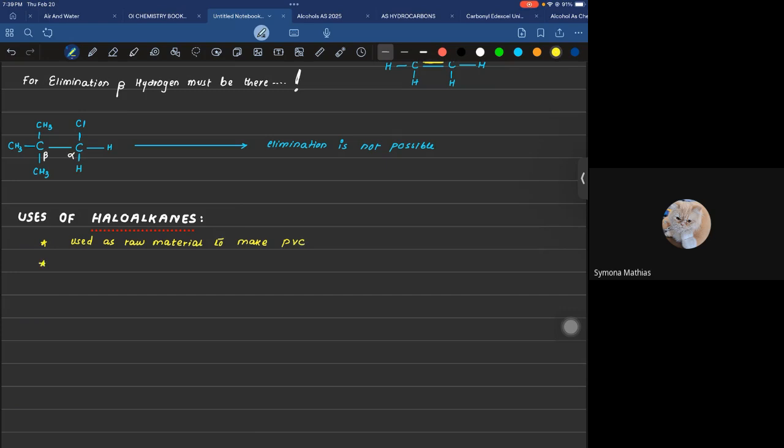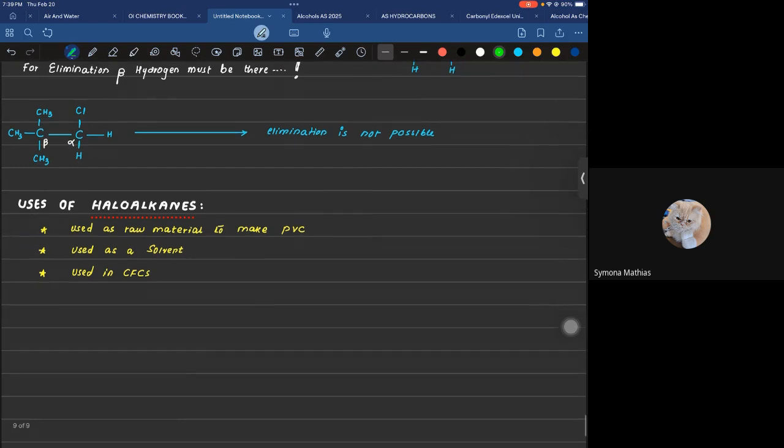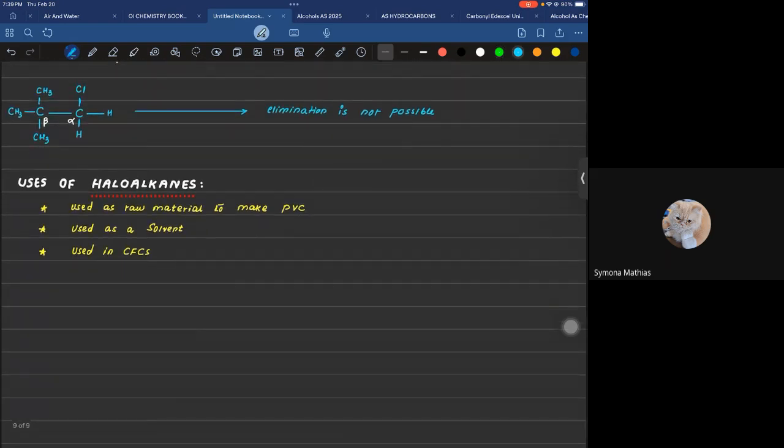Another use, you can say, used as a solvent, right? Or used in CFCs. That is chlorofluorocarbon. CFC बोले तो chlorofluorocarbon. तो ये इनके uses हैं.